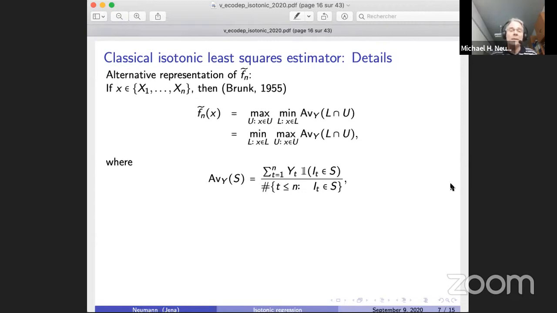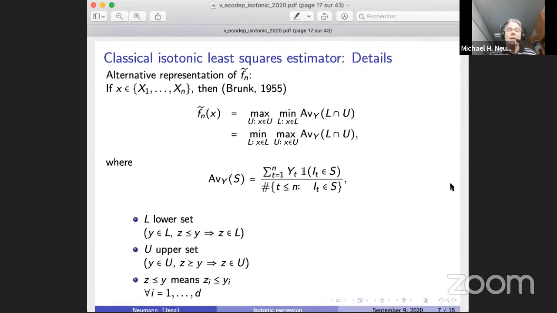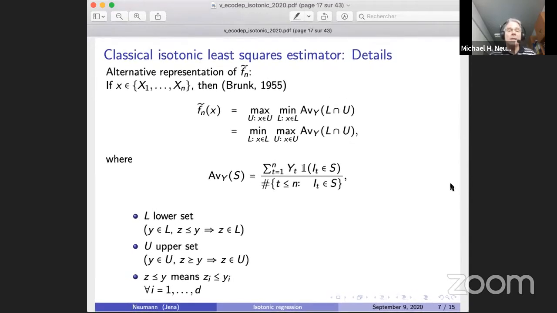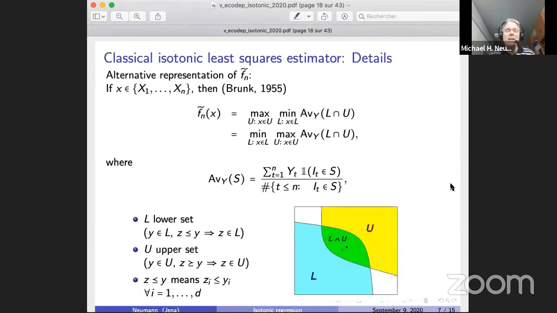And next part, the set L is a so-called lower set, and the set U is a so-called upper set. Next part. And here's a picture which shows what is meant by lower set and upper set. The blue one is just an example of such a lower set. The yellow one, an example of an upper set.